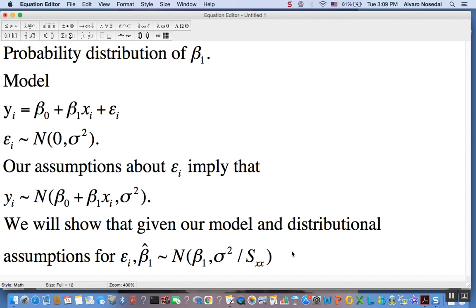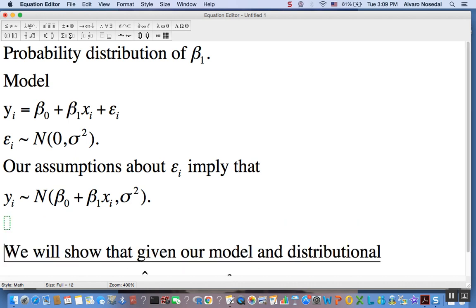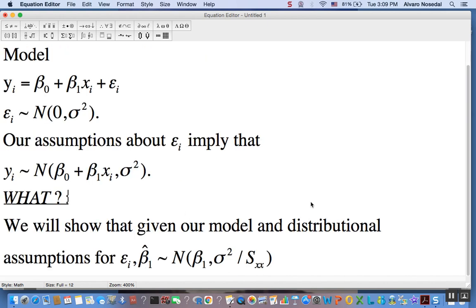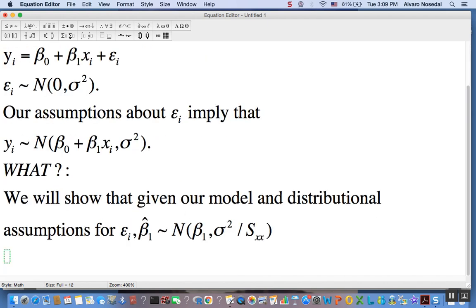Make sense? So if you will, we could write it down here just to be super specific.